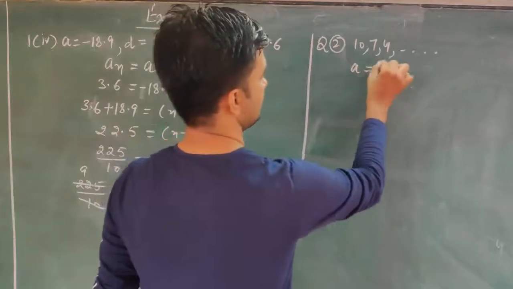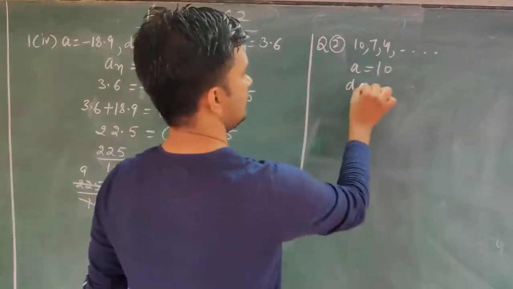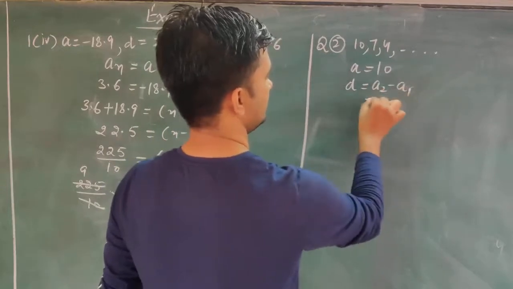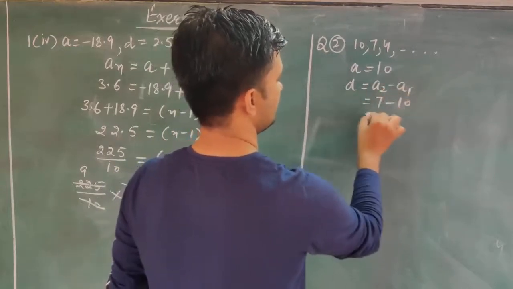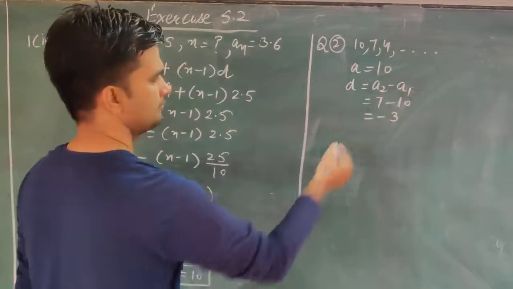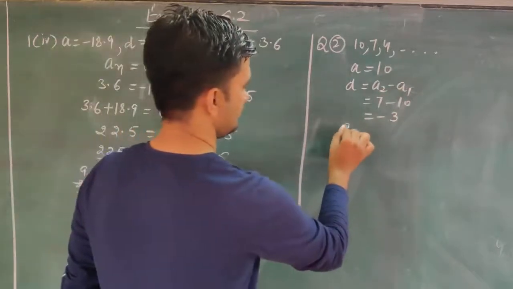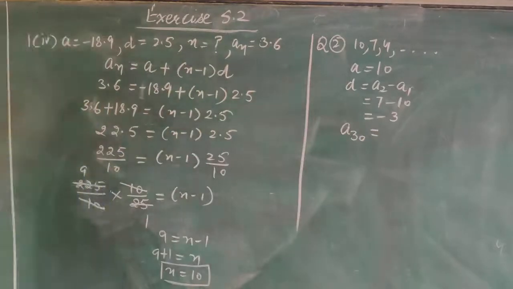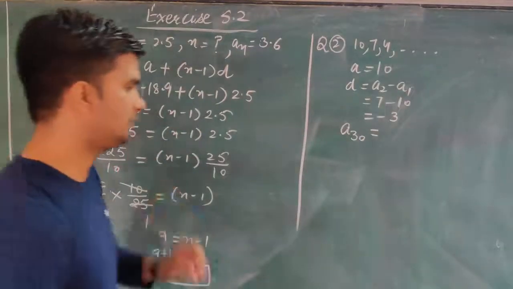See here what is A? It is 10. D is A2 minus A1, which is 7 minus 10, minus 3. Here we need to know A30, the term which is at 30th place.